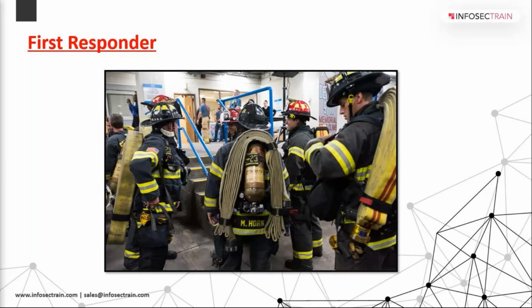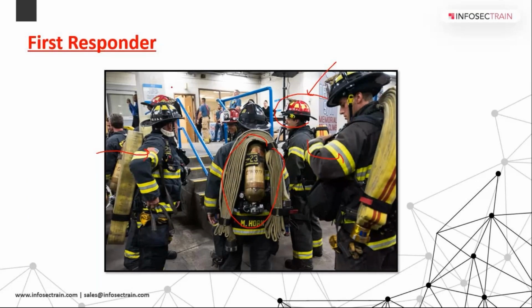The gentleman in the back is holding an oxygen cylinder, so for maybe 10 or 15 minutes he can stay in a very dangerous environment where a normal human being would not be able to stay, with a lot of smoke and low oxygen. They have helmets in case something falls, and the suit can handle a lot of heat. In some cases, I've seen a cooling system inside it as well to keep their body cool.